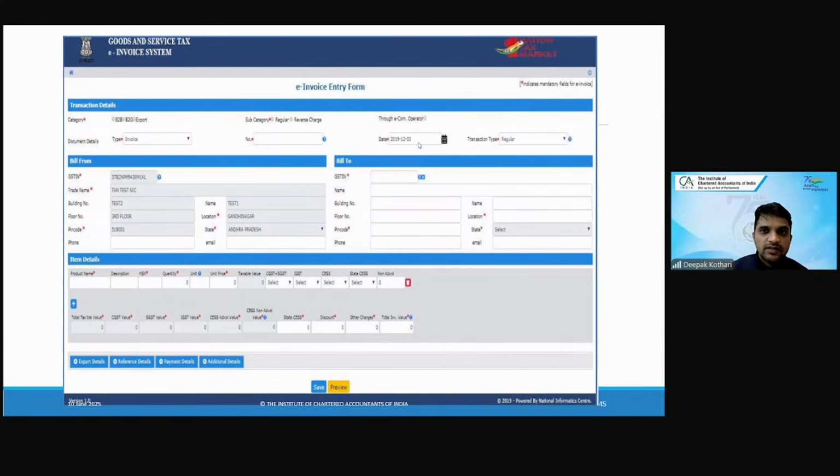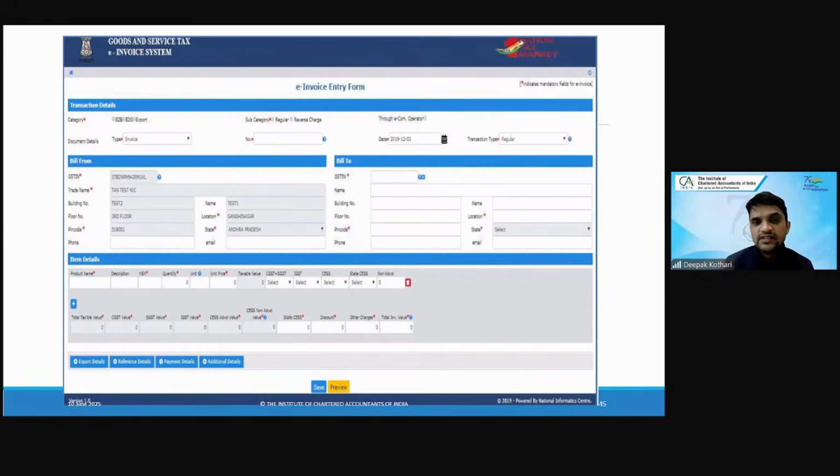Mention the invoice number, the invoice date, the transaction type. From where you are billing, this address will come automatically from your GST registration. To whom you are billing, mention the GSTIN. From that, the other person's address will appear. The item details, what is the item you want to raise an invoice for, that will get added here.